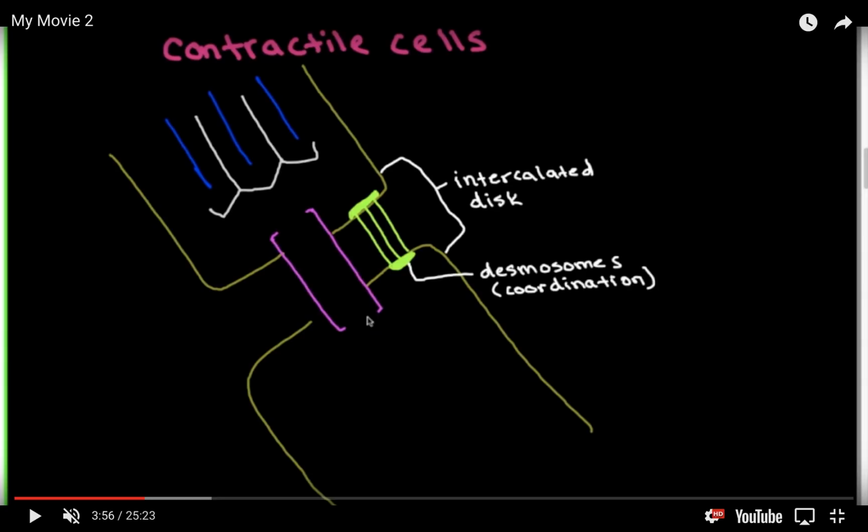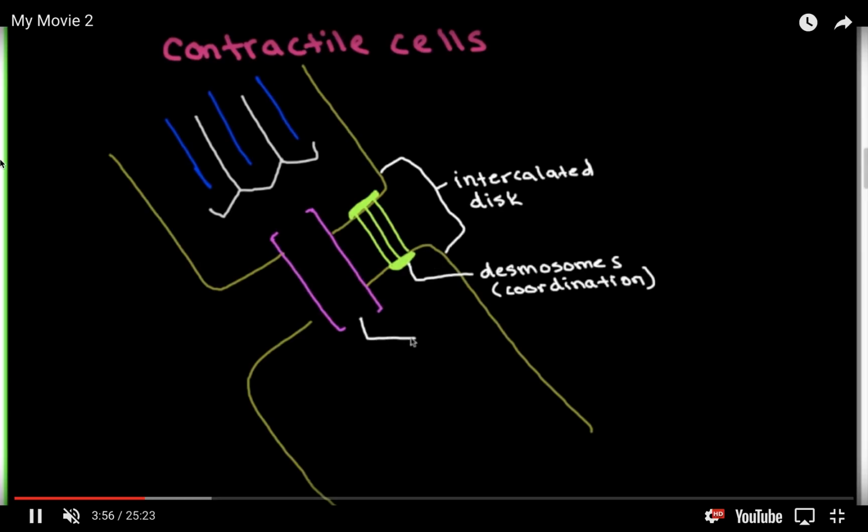Because we'll see that the heart, unlike skeletal muscle, needs to contract in a very coordinated way. The sequence has to be just right: the atria have to go first and the ventricles have to go second, always. These desmosomes are going to ensure that we have that nice coordination in force.